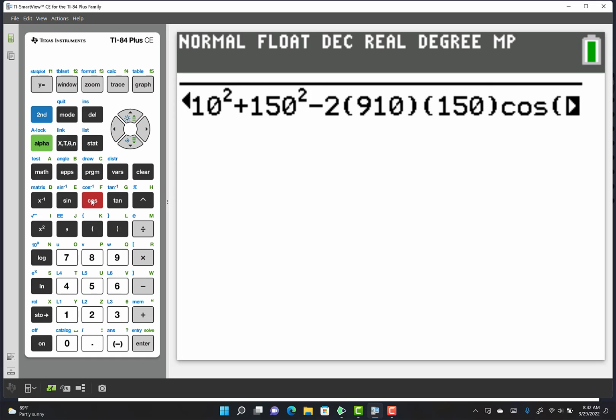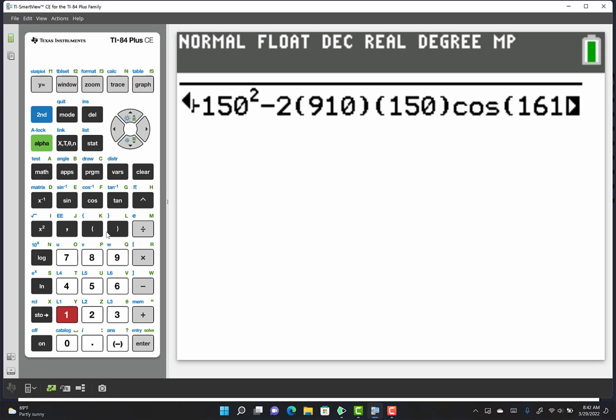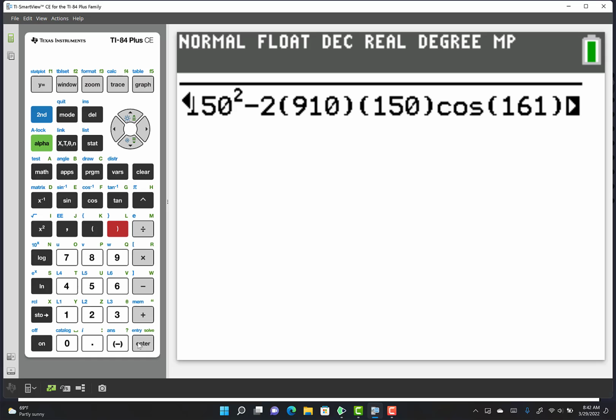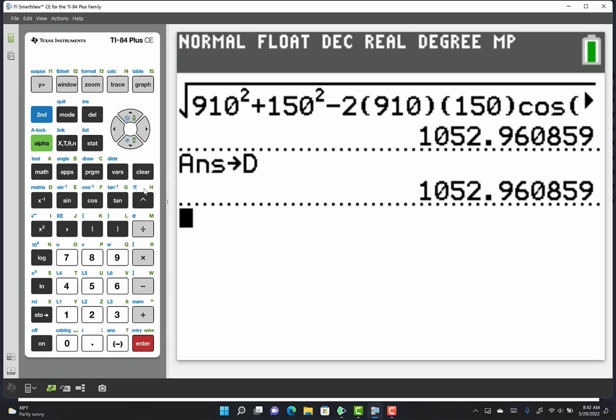And what was the cosine? Cosine of what? 161. Push enter, and did you guys get that number? You guys didn't get that number? Oh, you did? Okay, so store that. I'm going to store that to D. Alpha D. We're going to need it.